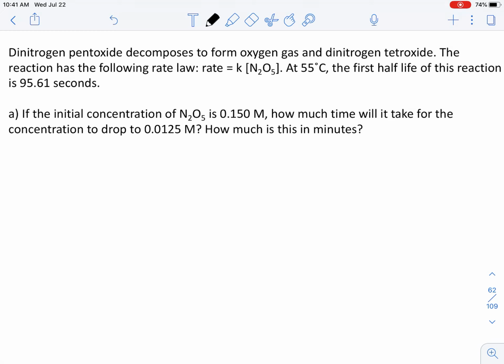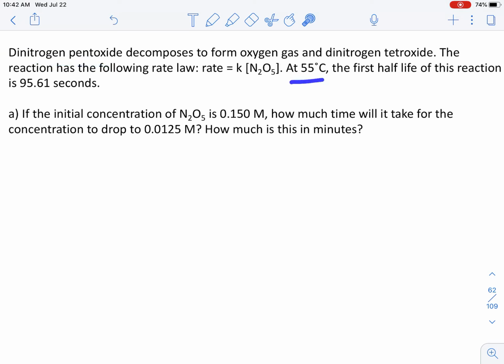Dinitrogen pentoxide decomposes to form oxygen gas and dinitrogen tetroxide. The reaction has the following rate law, in which the rate is equal to k times the concentration of dinitrogen pentoxide. So it looks like dinitrogen pentoxide is the reactant.